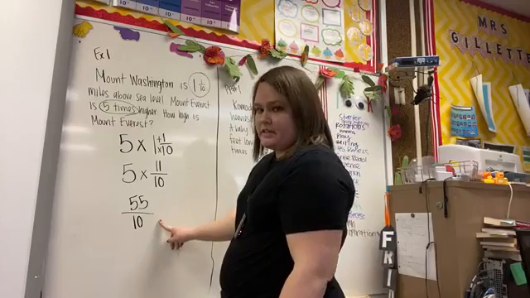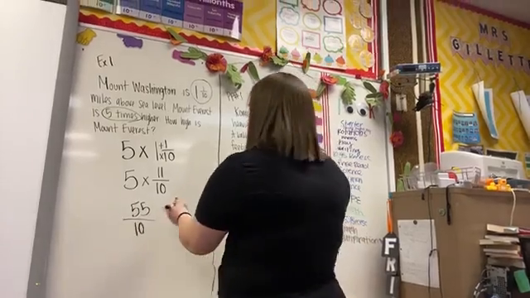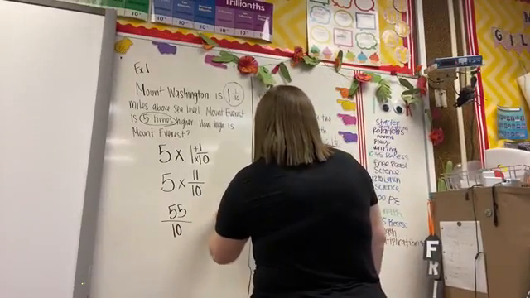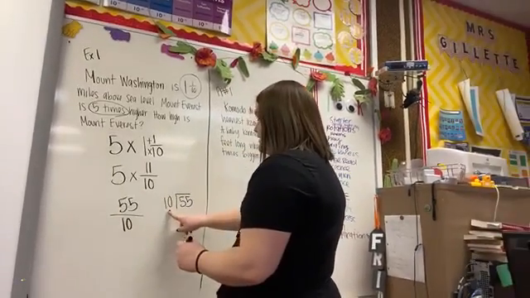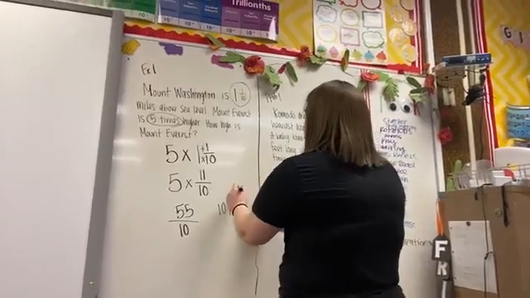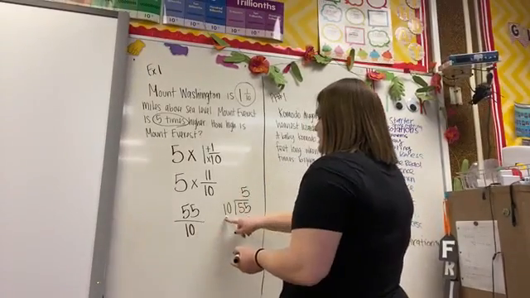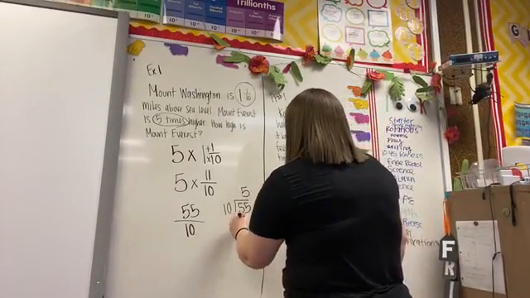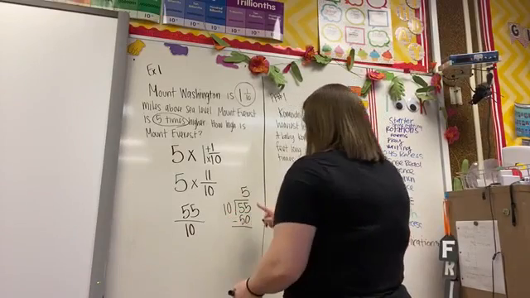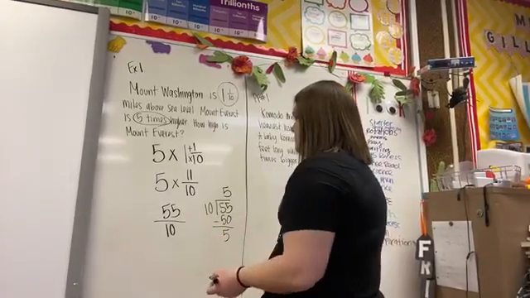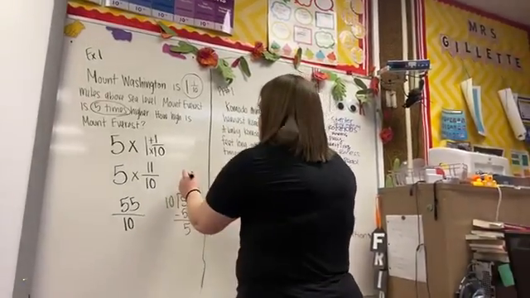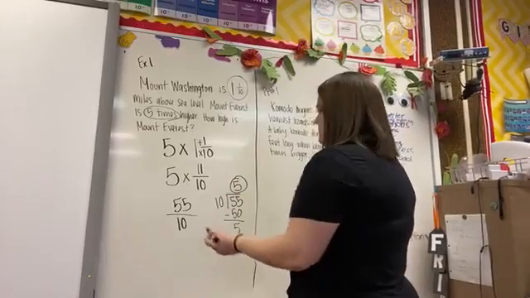I can't leave it as an improper fraction, so I'm going to do 55 divided by 10. 10 can go into 55 5 times. 10 times 5 is 50, and 55 take away 50 is 5. So 5 is my whole number.